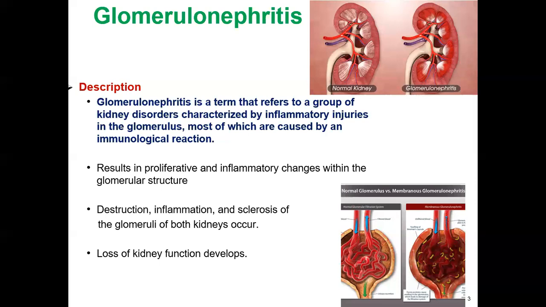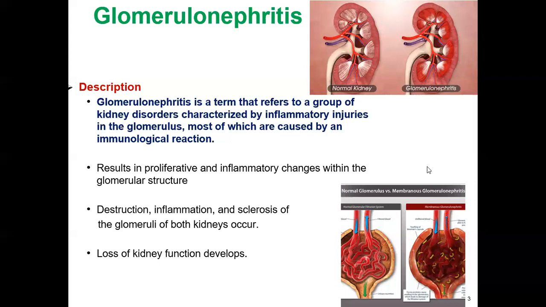Glomerulonephritis is the inflammation of the tiny filters in the kidneys we call glomeruli, and glomeruli remove excess fluid, electrolytes, and waste products from the bloodstream and pass them into the urine.